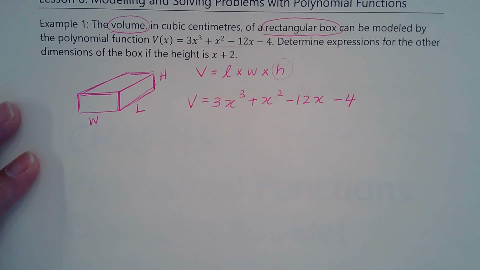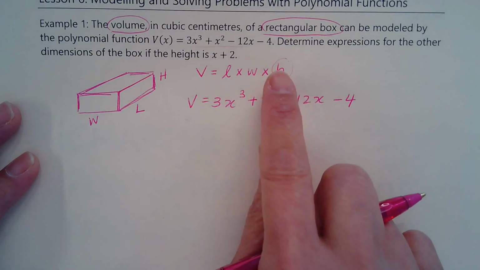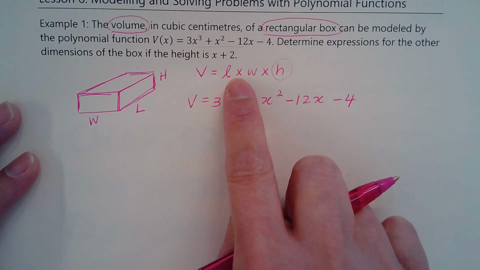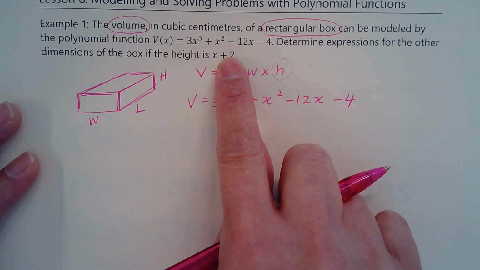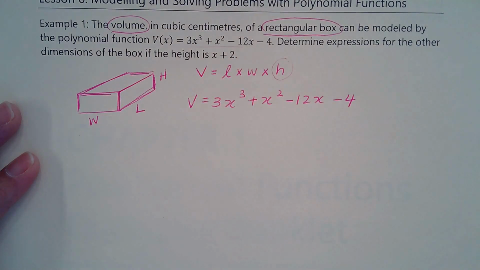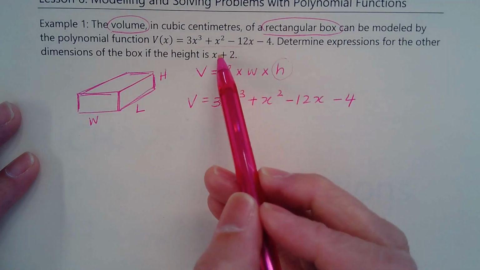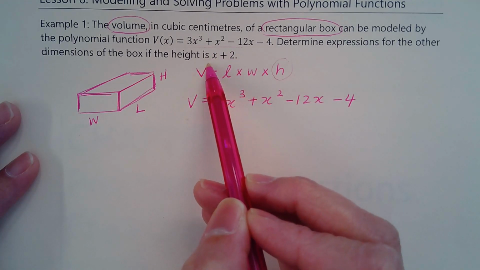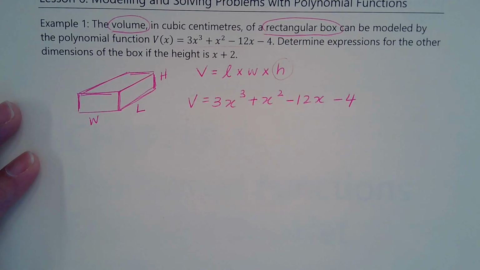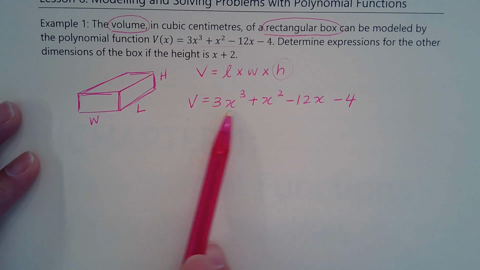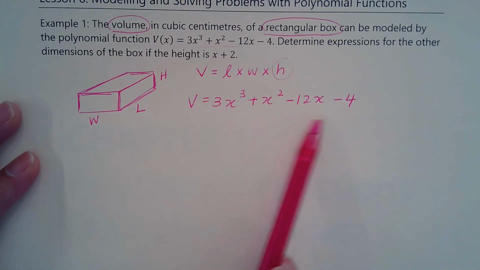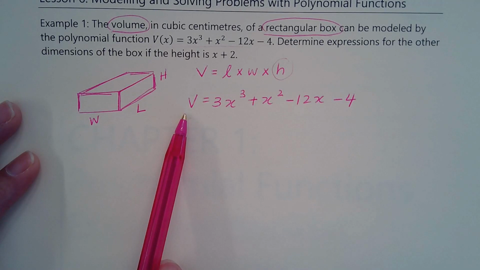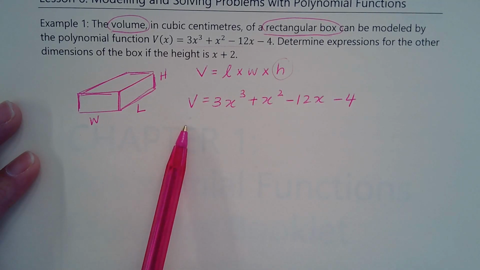Now, what is the length and what is the width? How can we figure out the length and the width, given that the height is x plus 2 already? Any idea? If we put a minus 2 here, that will give us a volume of 0.